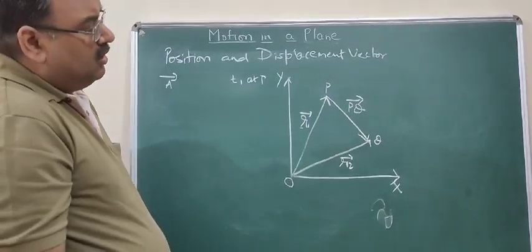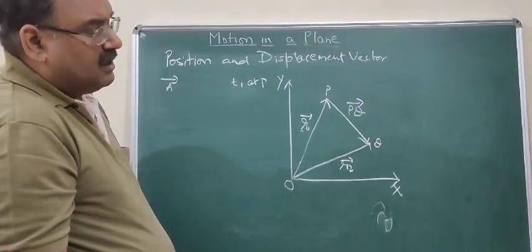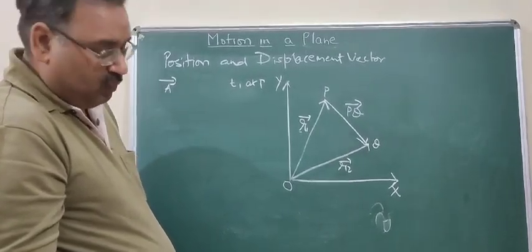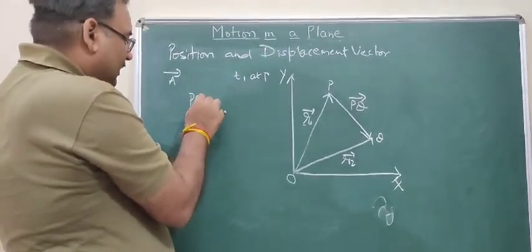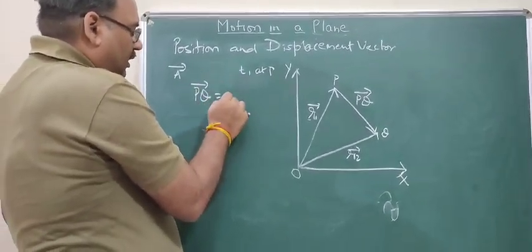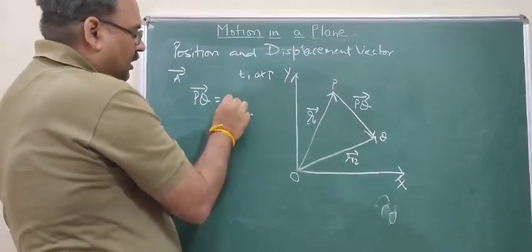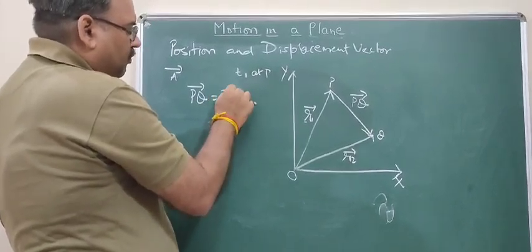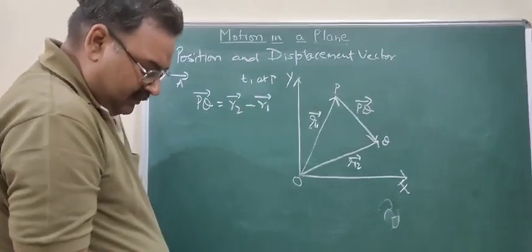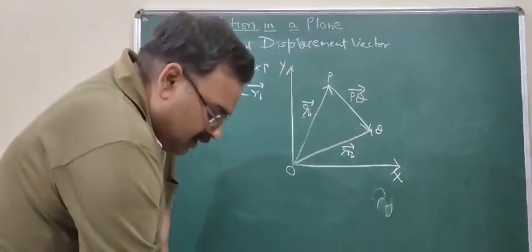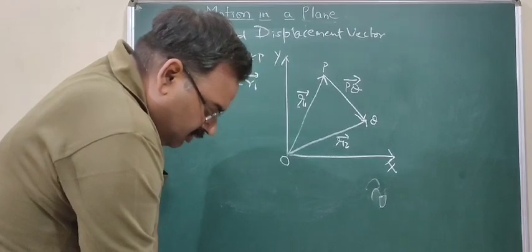So the PQ vector is a displacement vector. So PQ vector is given by R2 minus R1.